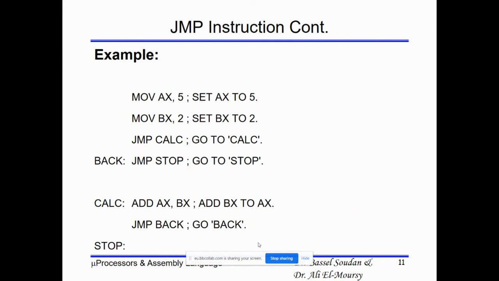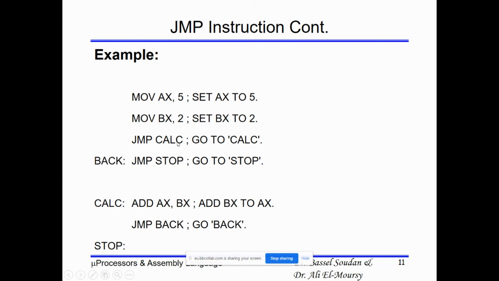A practical example for the jump is what is shown here in this slide. Here I am populating AX with 5, BX with 2, and I'm jumping unconditionally to some label called calc_c, as you can see in the third instruction. Here I am providing the offset to the jump, the target of the jump, through a label. Instead of knowing exactly the value for the offset, I just put a label on this instruction.